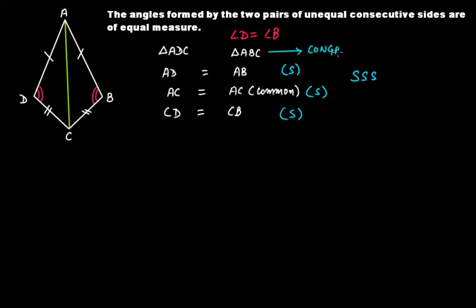Now since we have established that these two triangles are congruent, let's talk about the corresponding vertices. For that, imagine that you are holding this triangle ADC in your hand. Let me draw a rough diagram.